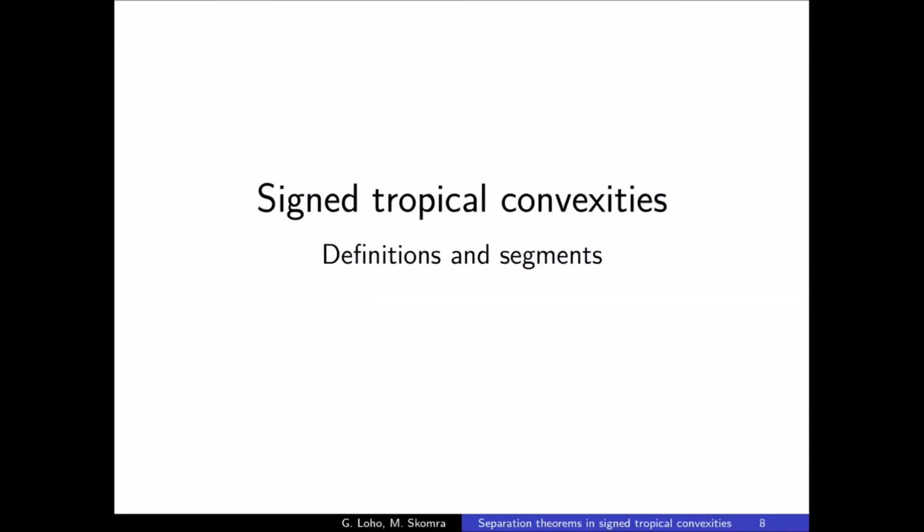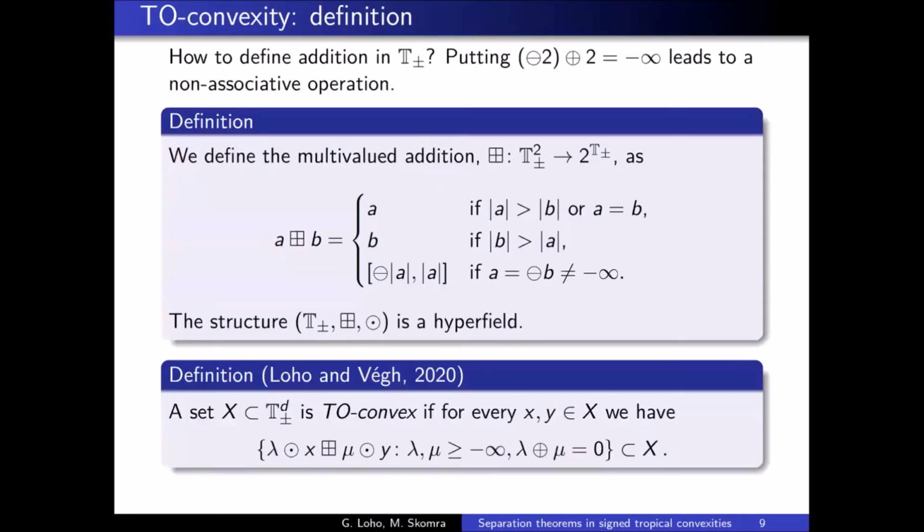Okay. So now we move to signed tropical convexities, but as in Georg's talk, before I can define a signed tropical convexity, we need to talk a little bit about the problem of addition of these signed tropical numbers. As Georg already mentioned, this is some kind of an issue because a tropical semiring really is a semiring.